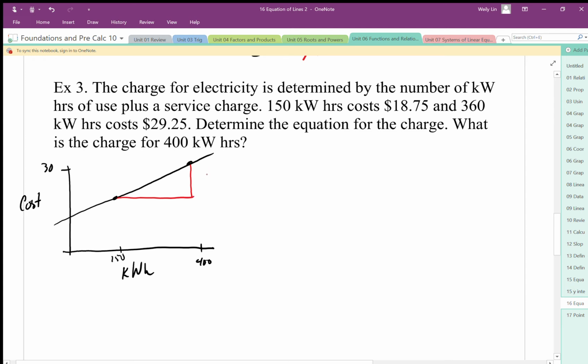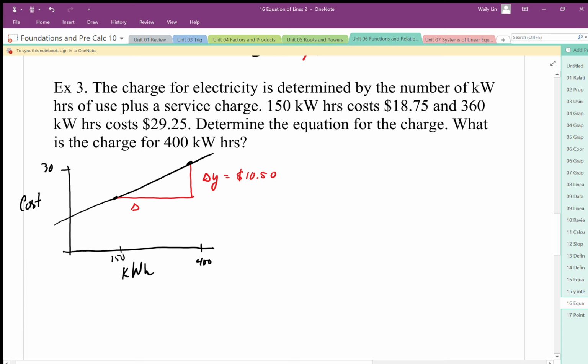So my change in y is going to work out to be 29.25 minus 18.75. So I get $10.50, an increase of $10.50.